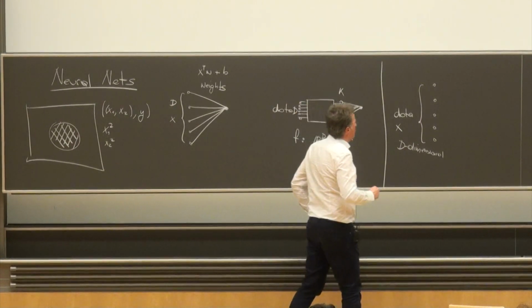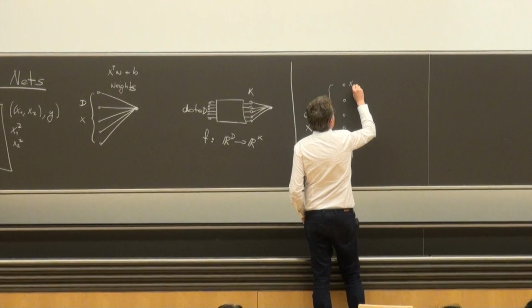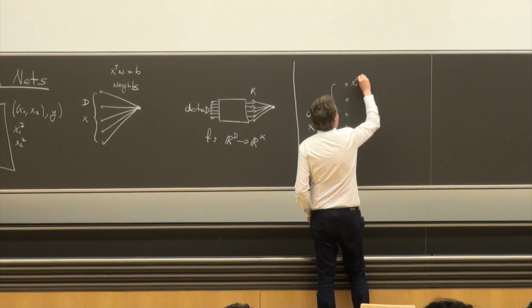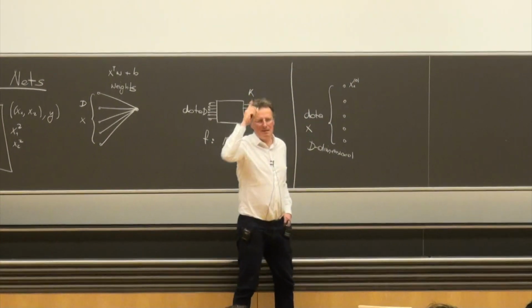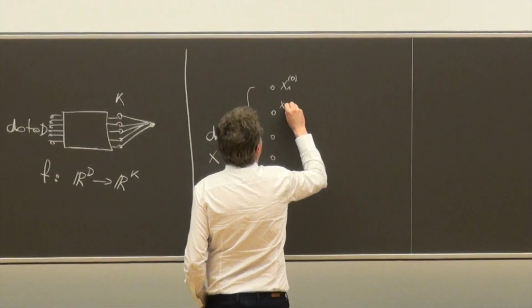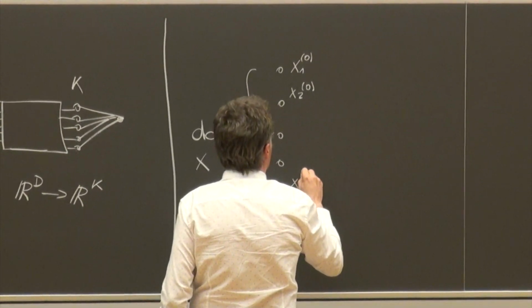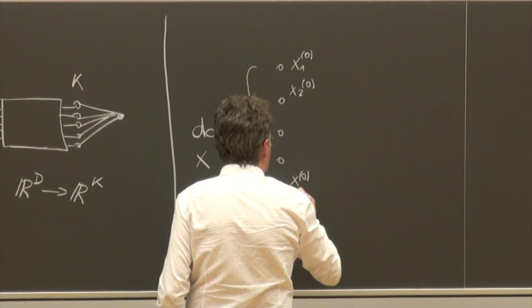And so the way we can do it is that I'll write this vector x as maybe x component 1. And I want to say that this is the original data, so I'll give it a superscript 0. Okay, so this will be x_1^0, the second component x_2^0, and this will be the last component x_d^0 of this data, but still the original data.